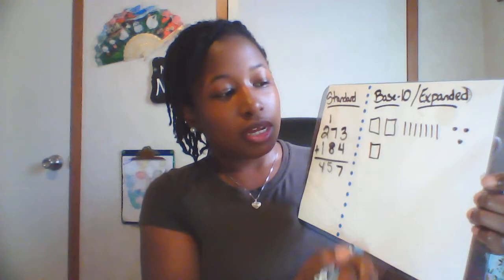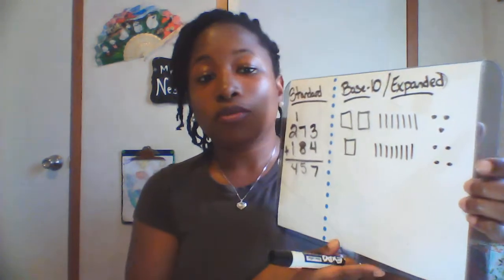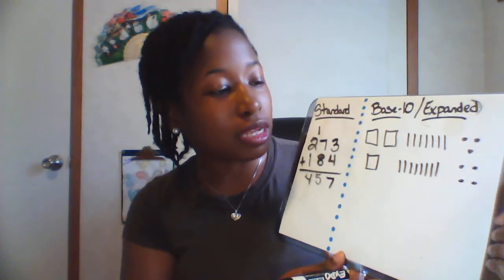Down here, I have 100 plus 1, 2, 3, 4, 5, 6, 7, 8 tens, and 4 ones. So now I'm going to add all of these numbers up.